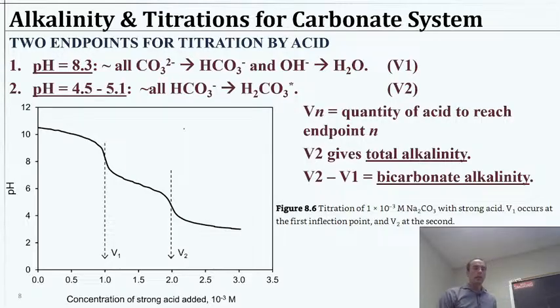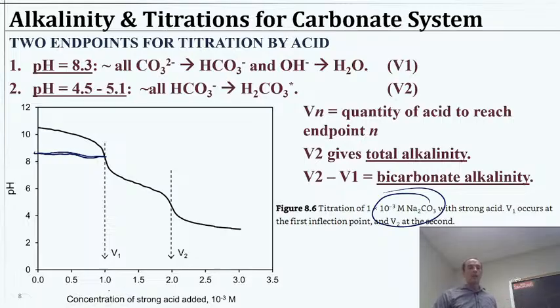So if we start adding acid, we can add it until we reach pH 8.3, and we'll see that we're finding that equivalence point here. That would be our V1. And if we had a concentration here of 1 times 10 to the minus third total carbonate, this was added as Na2CO3, so sodium carbonate.